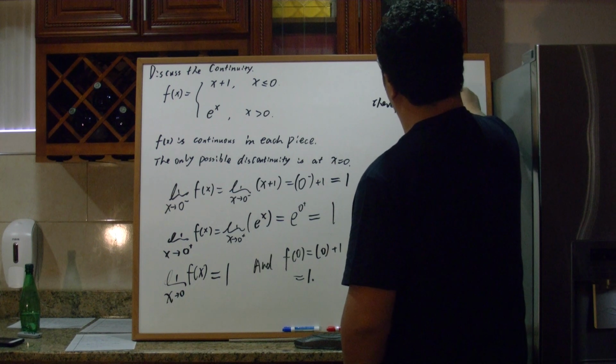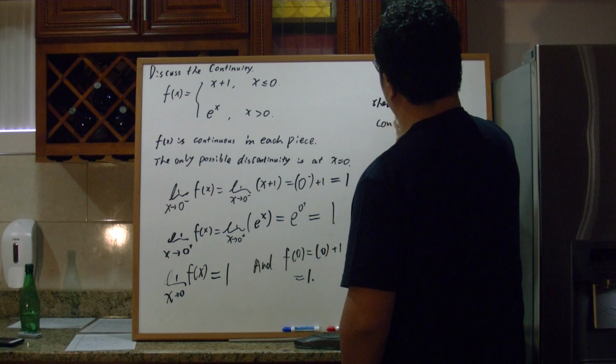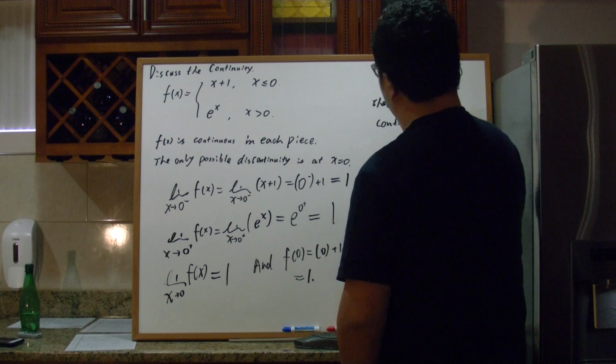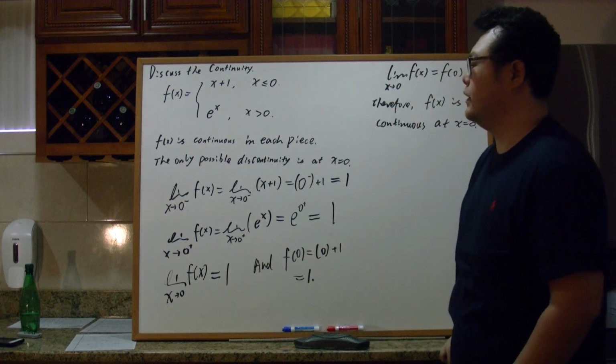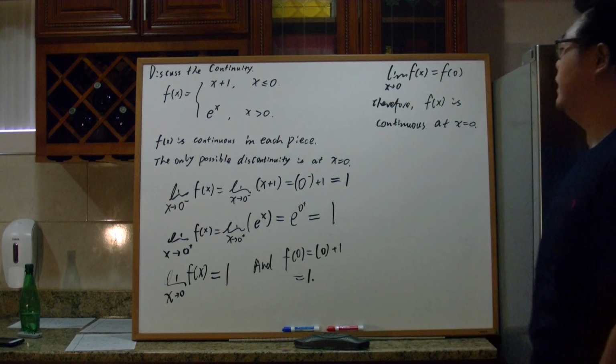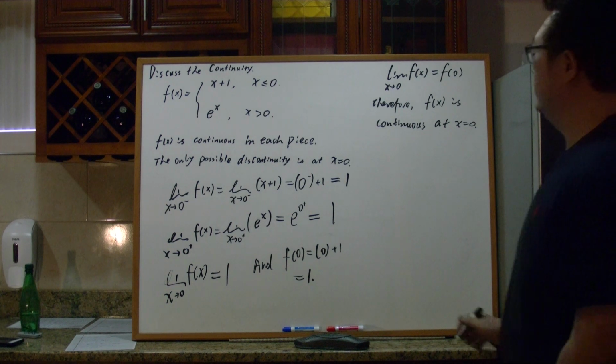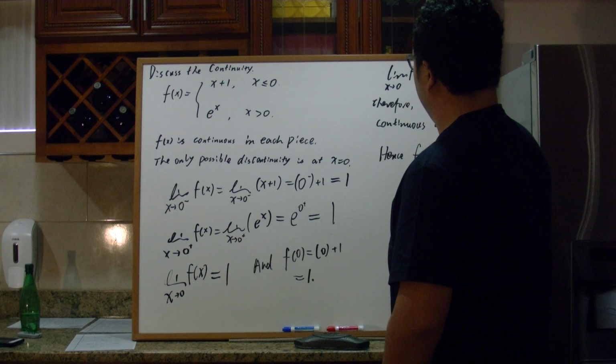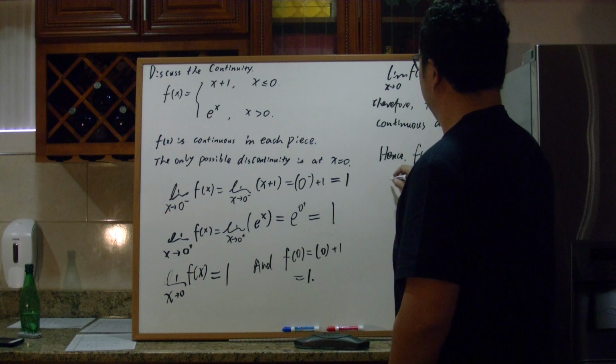Therefore, f of x is continuous at x equals 0. So it possibly was a discontinuity, but in our case here it is continuous. Hence f of x is everywhere continuous.